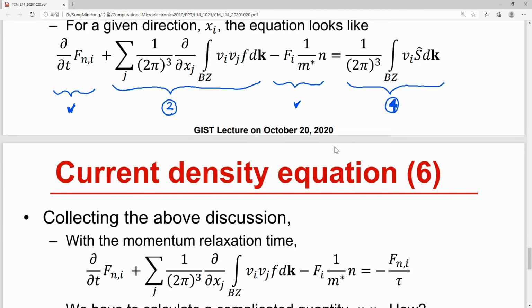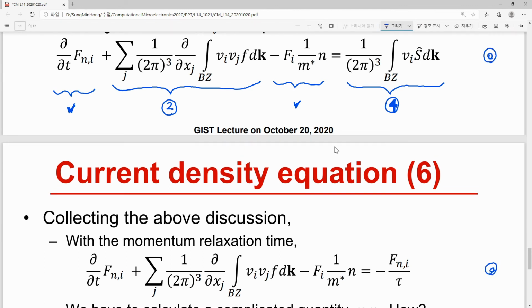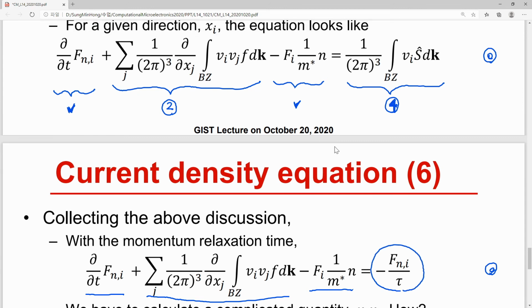Please make a comparison between the top equations and bottom equations, and you can see that the first term is just kept as before, the third term is okay, and we just keep the second term, and we have made a simplification for these scattering terms. So what happens to our scattering terms?